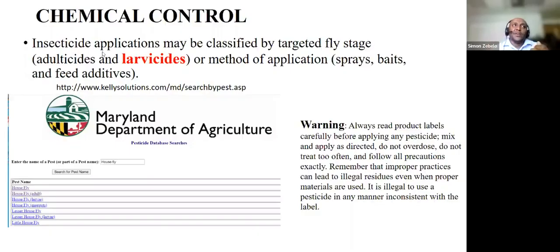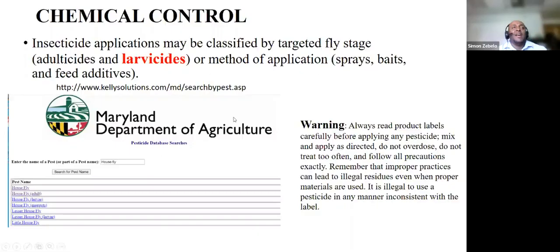So larvicides are not recommended, but if we must apply larvicide chemicals, it has to be spot application, not blanket application.